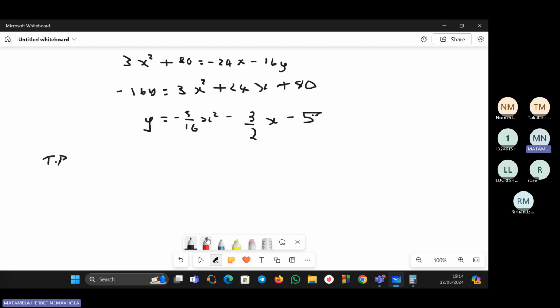To get the turning point, we know yesterday we discussed about it. Use x equals negative b over 2a.